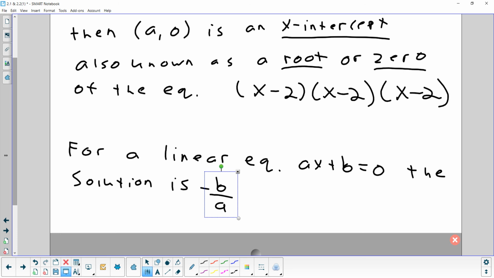Now, can a line cross the x-axis more than once, assuming a non-horizontal line? What do you think? Can a non-horizontal line cross the x-axis more than once? Yeah, John? Yes. Okay, can you give me an example?